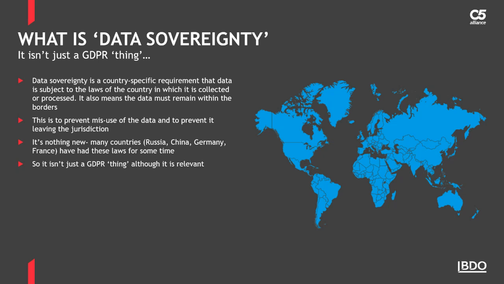The purpose of this is to prevent misuse of data and to prevent it leaving the jurisdiction. It's not really a new thing, so various countries have had laws in place for many years preventing data leaving their borders. For example, Russia, China, Germany, France and various other countries in Europe. So it's not purely a GDPR issue, although that is relevant as well.